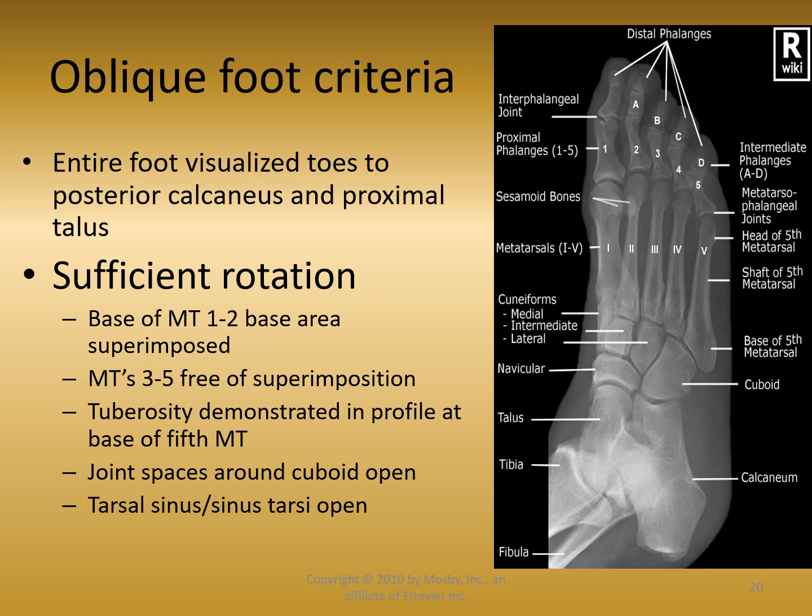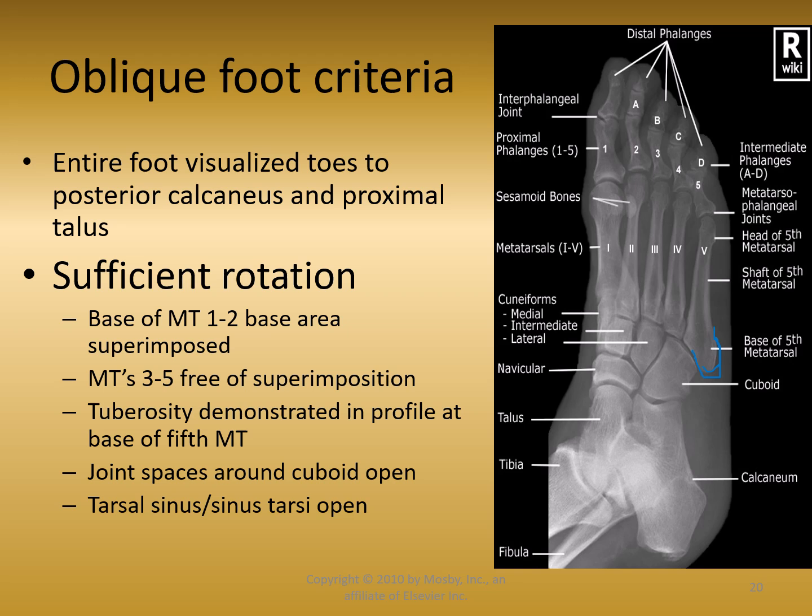Okay, so now on the oblique foot, to describe that the correct or sufficient amount of rotation was used when we positioned the patient, we will look for the tuberosity at the base of the fifth metatarsal, which should be shown in profile.